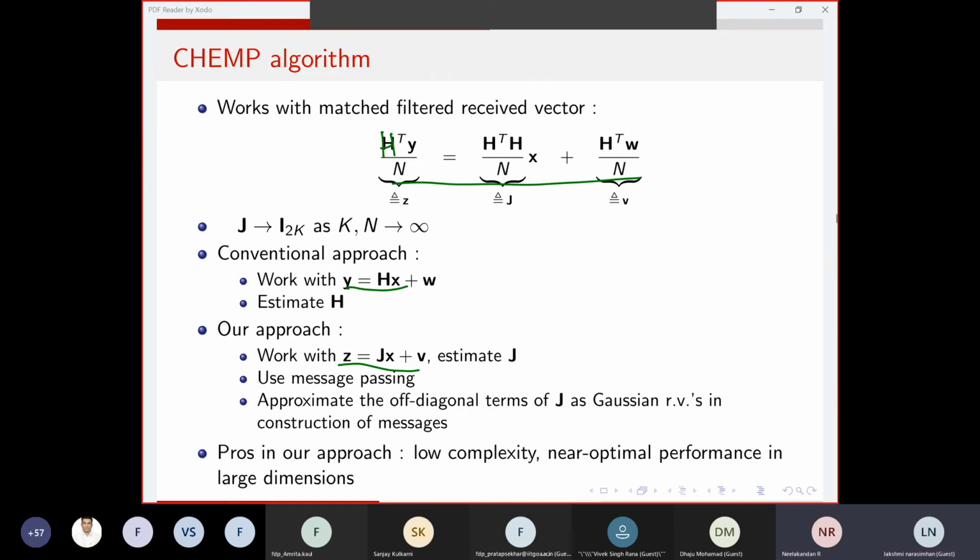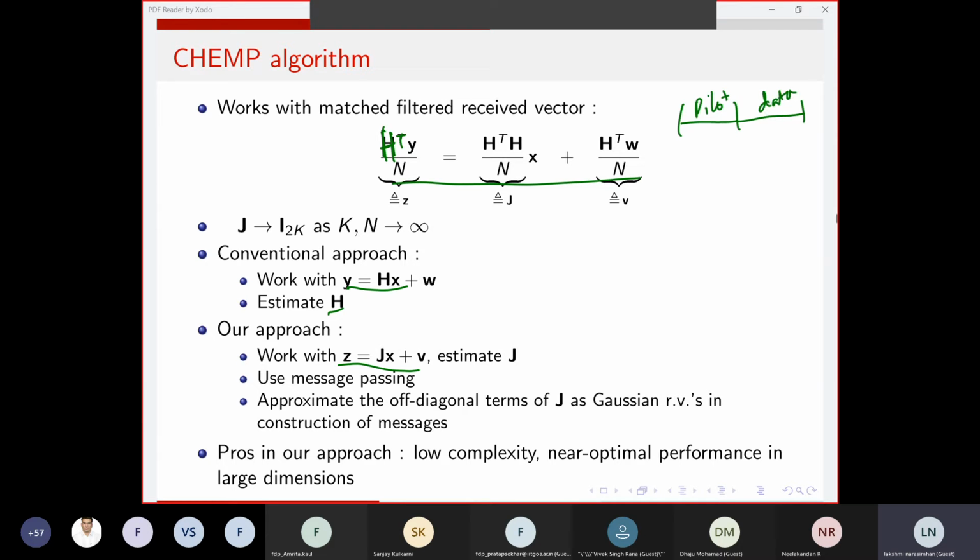Right. So that's a good question. When you multiply H transpose, you need this information, right? In order to get away with this, we'd use the previously transmitted y. So we still need CSI, but we'll not explicitly estimate H. We'll have a pilot phase. Let's say this is pilot and this is data.